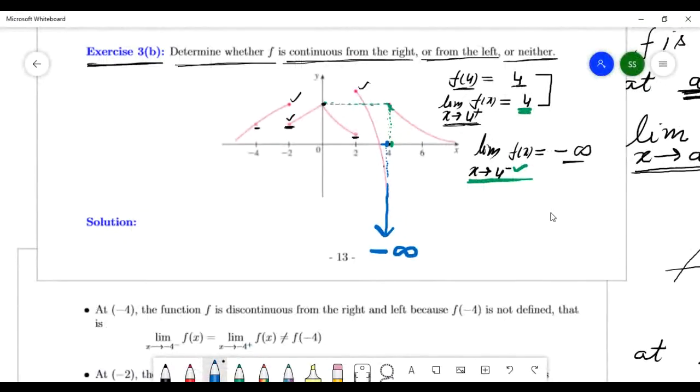Yes, now you understand. So minus infinity, right?